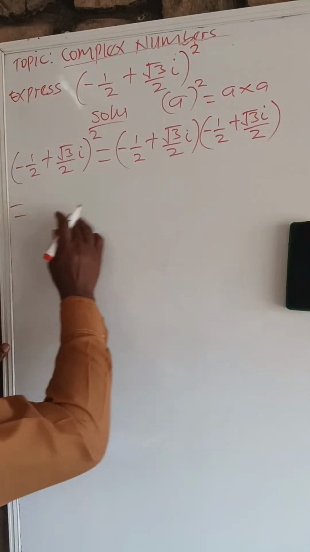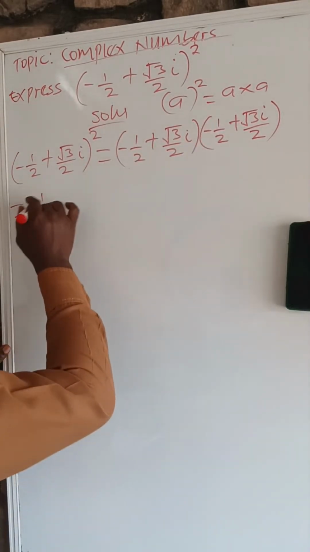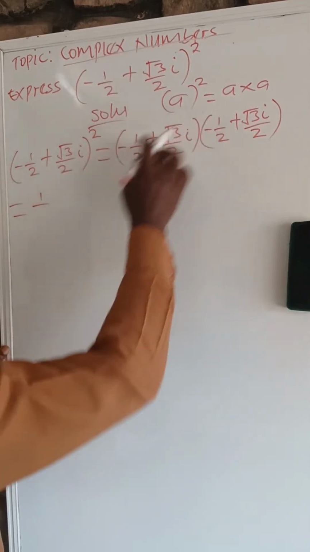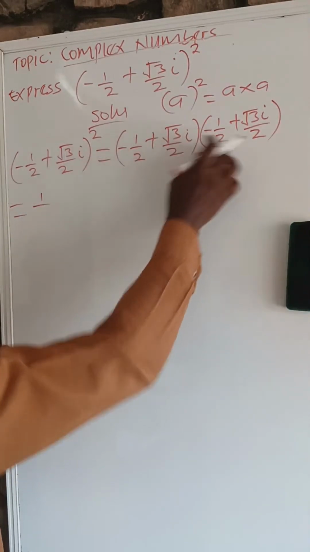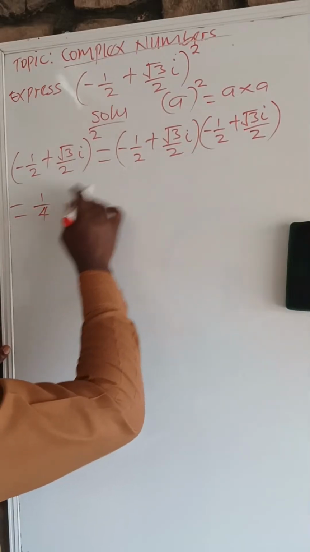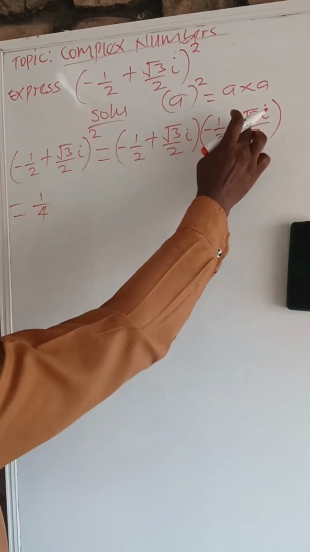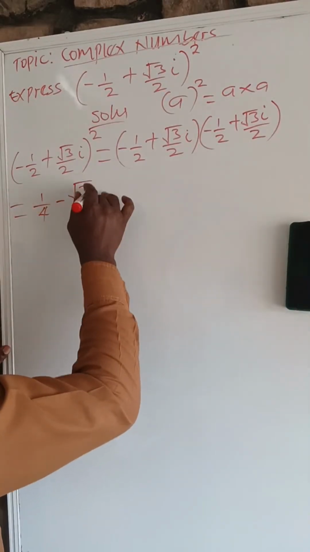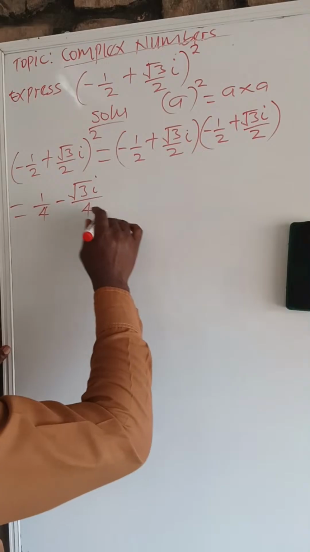So this will now be equal to this times this: 1 all over, minus times minus, then 1 times 1 all over 2 times 2 is 4. Then minus times this, multiply this, we are going to have minus square root of 3i all over 4.